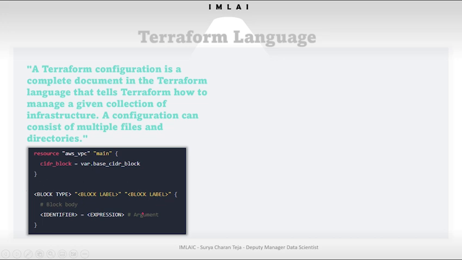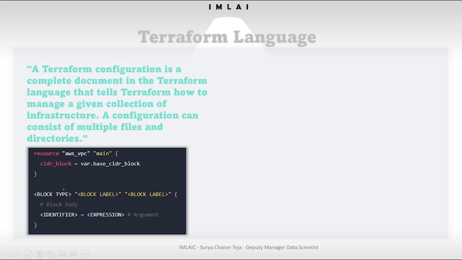I'm explaining here. It consists of only three fundamental elements. The first one is a block type, the second and third are block labels, then your curly braces open up, the block opens, and inside is your block body. Whatever you write inside is your block body.